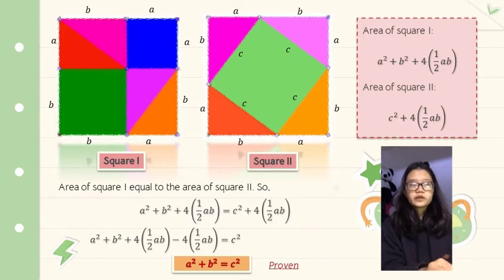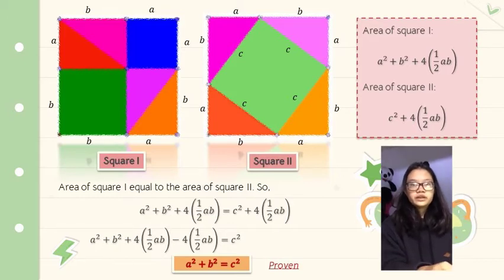So area of square 1 is a square plus b square plus 4 times 1 over 2ab, while area of square 2 is the sum of 4 right triangles plus the area of a square with side c. So area of square 2 is c square plus 4 times 1 over 2ab.